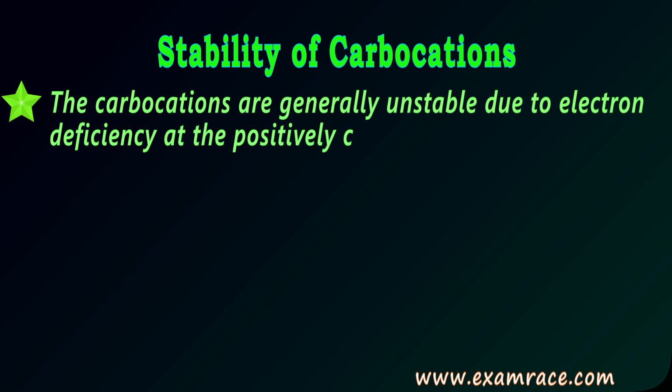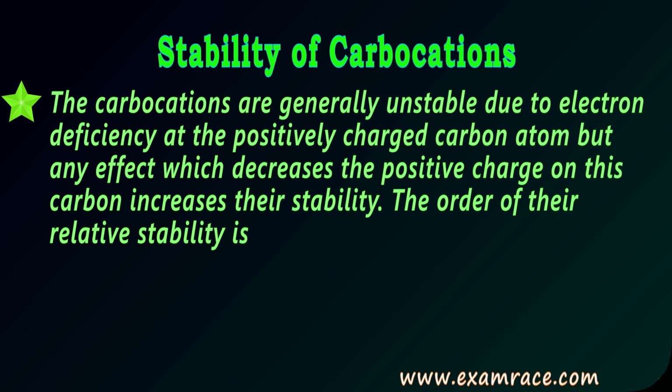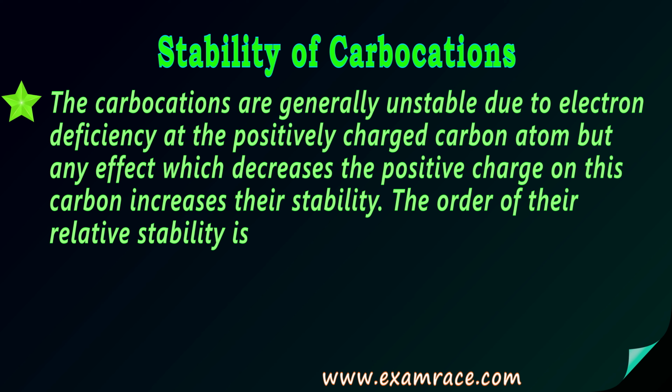In general, carbocations are unstable because of the electron deficiency on the positively charged carbon atom, and to make that species stable, we need groups which can donate electrons to it.